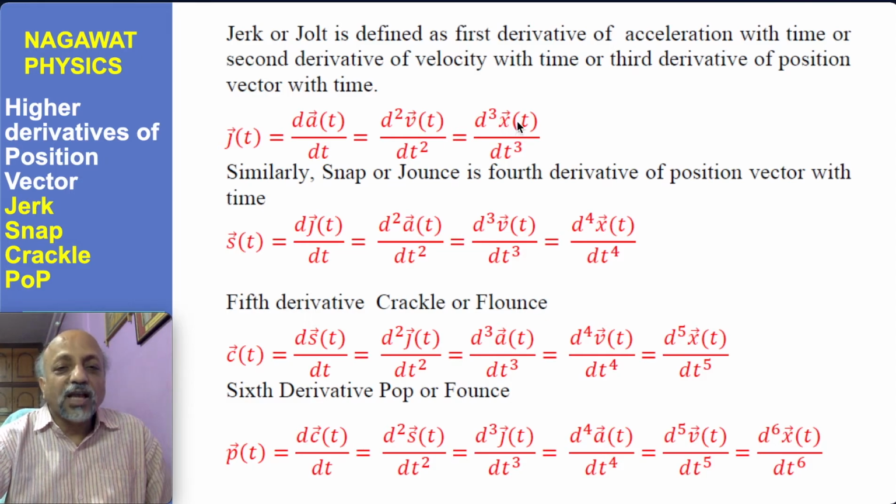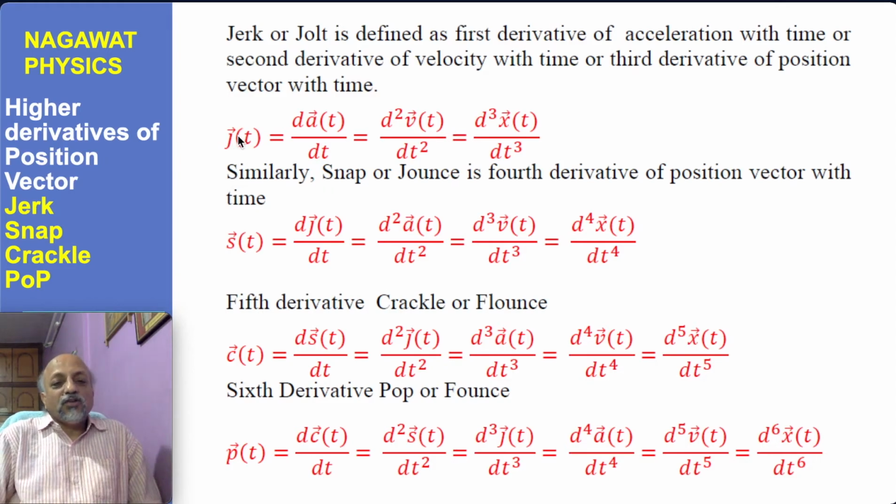And by differential calculus, if you know x(t), you can know v(t), and you can know a(t), and then you can know j(t) based on the differentiation. So to obtain the jerk as a function of time from the position as a function of time, three differentiation operations would be required. But I can continue, there is no limit to it. The fourth derivative of position is called snap or jounce.